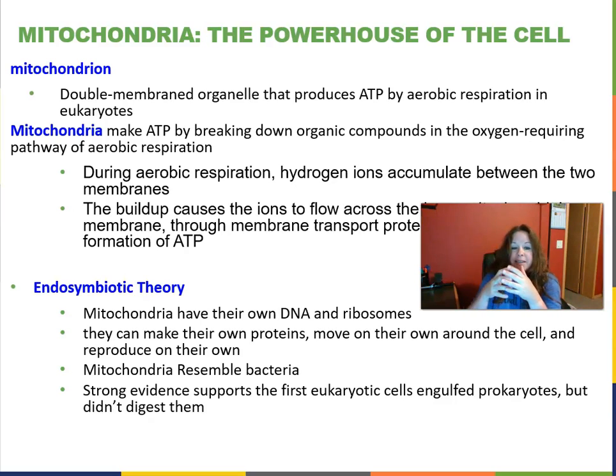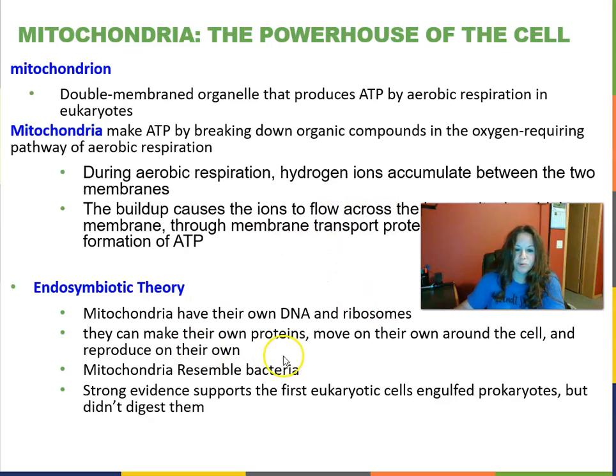Endo meaning inside, symbiotic meaning that there's a benefit for both of the organisms involved. Obviously, the main cell, the big cell, would benefit from the energy that was produced from this bacteria that could make ATP. And the bacteria that's living inside of the big cell then would have protection and food materials and a place to live.